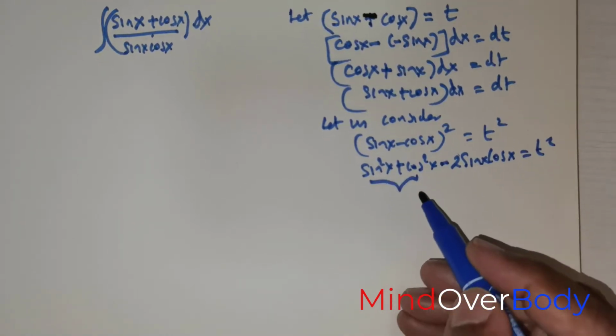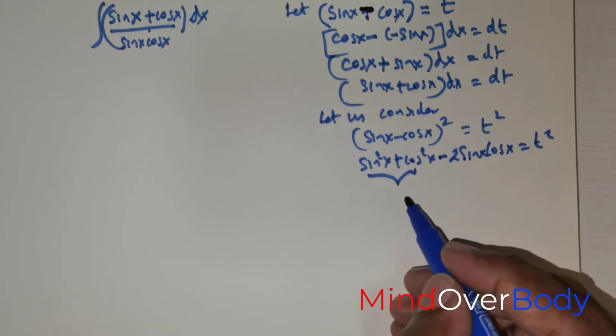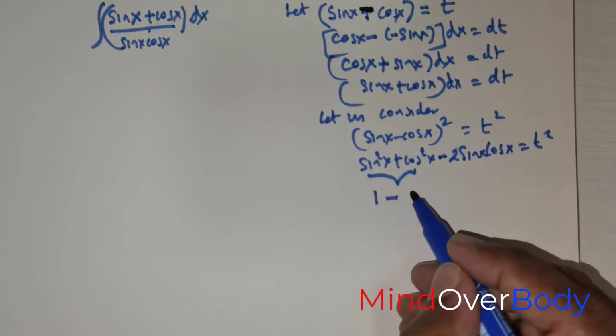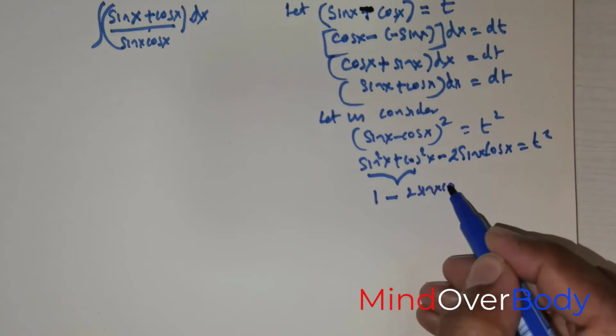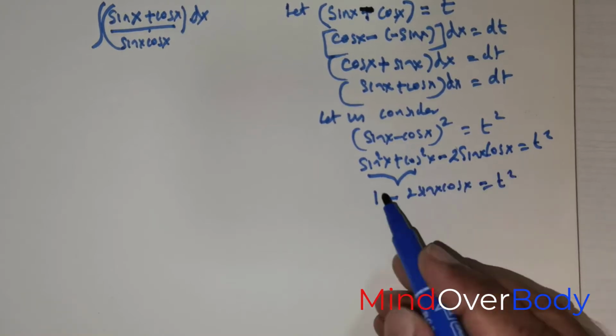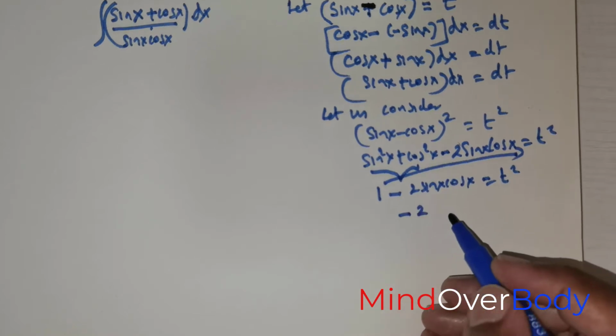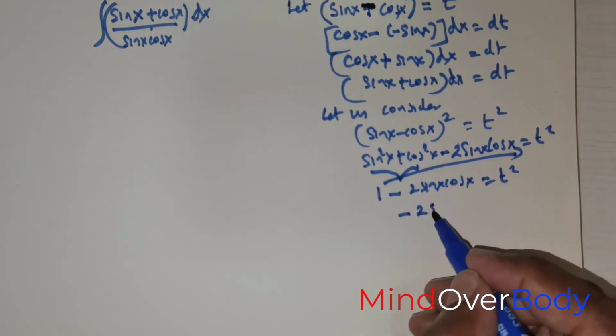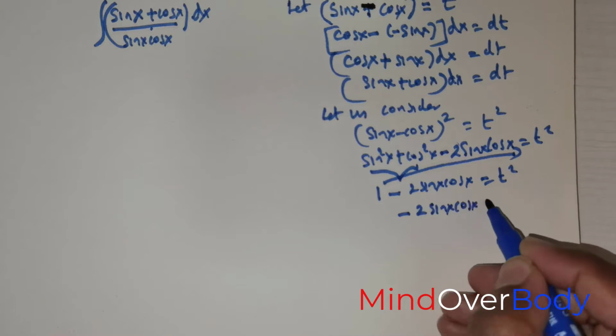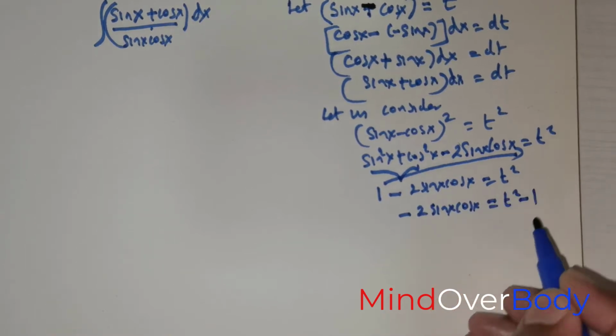If I were to add these two, this would give me 1 − 2 times sin x cos x is equal to t squared. Let me push this one to the other side. This in turn would give me −2 times sin x cos x is equal to t squared − 1.